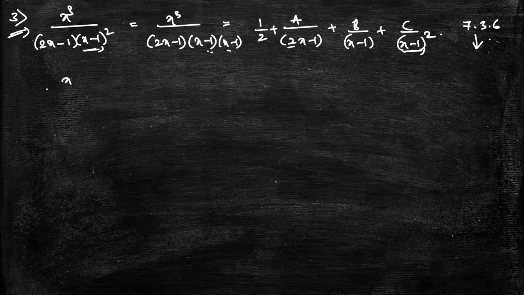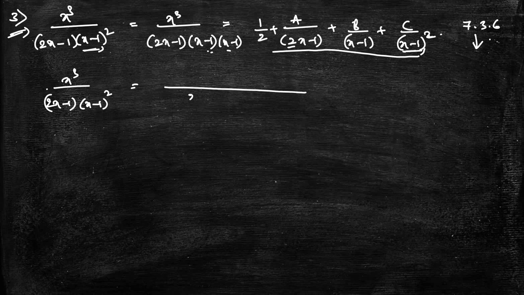So x cube divided by 2x minus 1 into x minus 1 whole square is equal to, taking the LCM of these three terms, something divided by 2 into 2x minus 1 into x minus 1 whole square. Here 2 is in the denominator, so the remaining terms come in the numerator, 2x minus 1 into x minus 1 whole square.